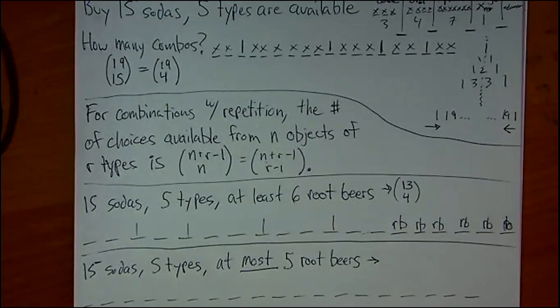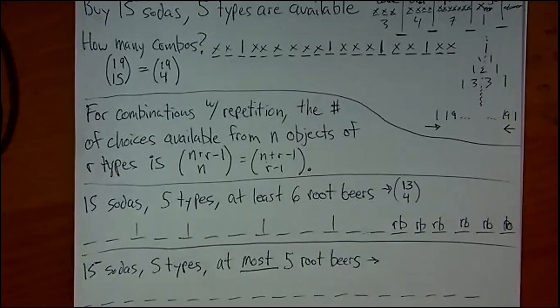Yeah, well, close, Lucas. Not 1 minus that, but what minus at least 6 root beers. So you've got the second part right, but what are we subtracting off of? Good.